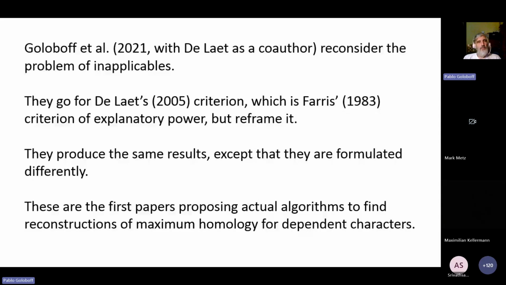The methods we propose there produce exactly the same results as Delet's method and Delet's program Anagalis, except that they are formulated differently. It's just a different way to calculate the same thing. And these are the first papers proposing actual algorithms to find reconstructions of maximum homology for dependent characters, because, like I said, the algorithms for Anagalis are not published.